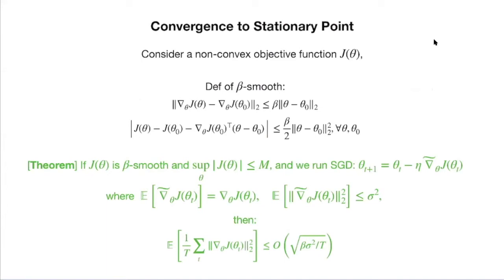If we run this algorithm for many, many iterations, and if our estimation is unbiased, so this condition says it's an unbiased estimate of my gradient, and the second one says that the expected square norm of my gradient is bounded, in the sense that my gradient does not blow up. My function's gradient is always bounded. So the second moment is bounded.